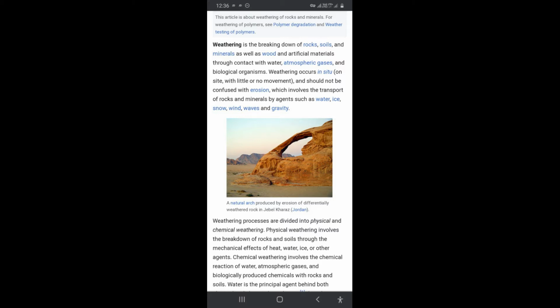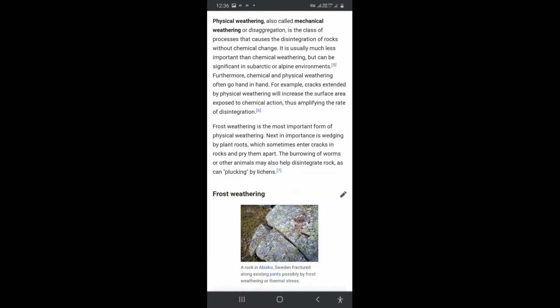Now, there are many processes which are involved in chemical weathering. In short, the first one is solution, second is the hydration and hydrolysis process, next is the oxidation and reduction process, then comes the carbonation process, then the colloid formation process.